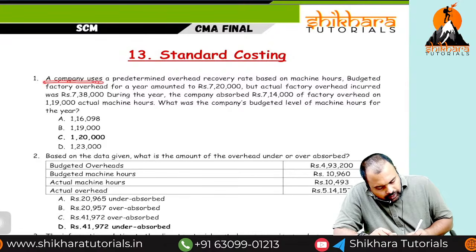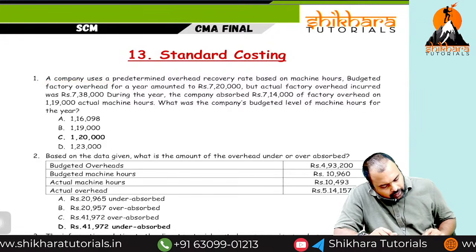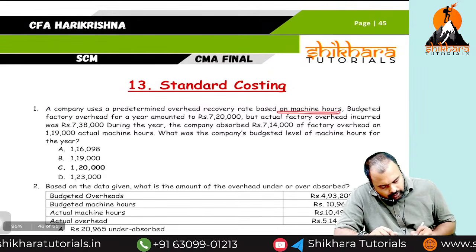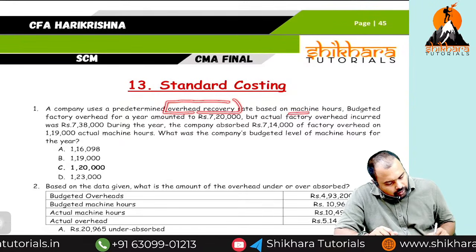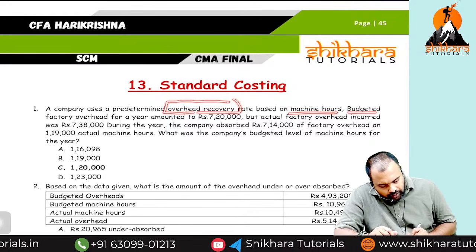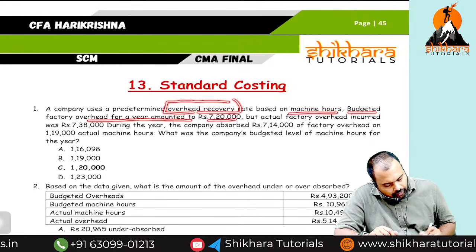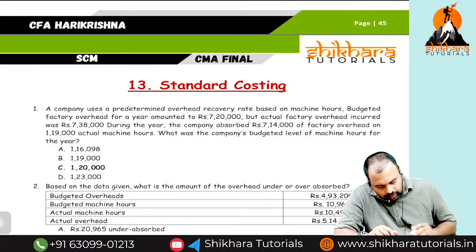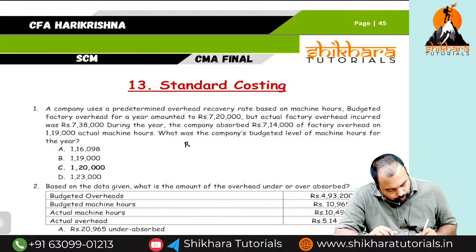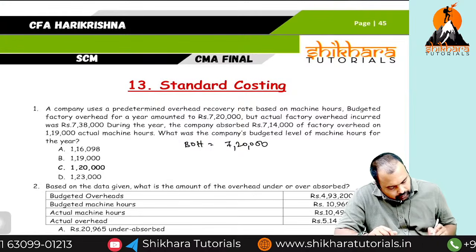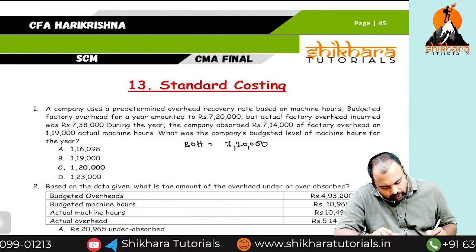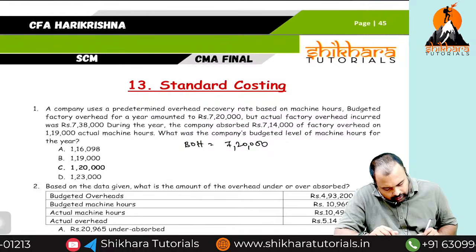A company uses a predetermined overhead recovery rate based on machine hours. So this says that overhead is recovered based on machine hours. Budgeted factory overhead for the year amounts to 7,20,000. So budgeted overhead is equal to 7,20,000. But the actual factory overhead incurred was 7,38,000.